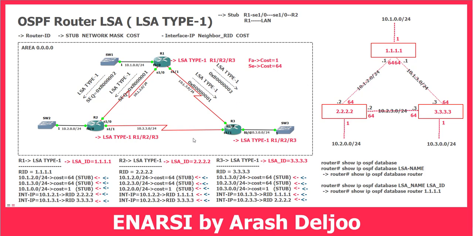Before configuring that network, you should predict the LSA type 1s of that network. After that, you can configure that network in GNS3 or EVE-NG, and then verify the database. If the database matches your prediction, this means that you understand LSA type 1 completely.